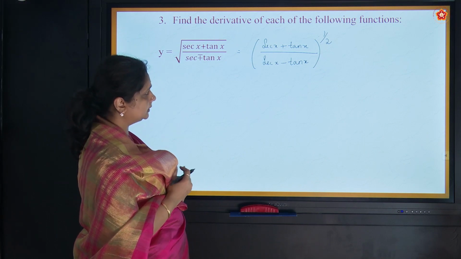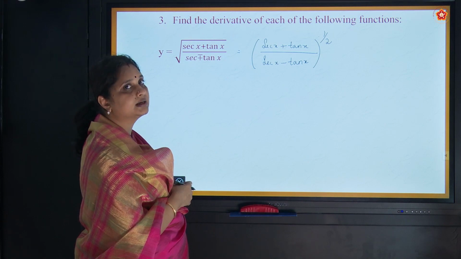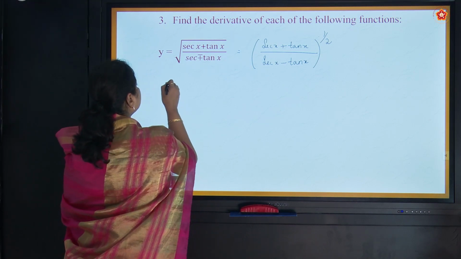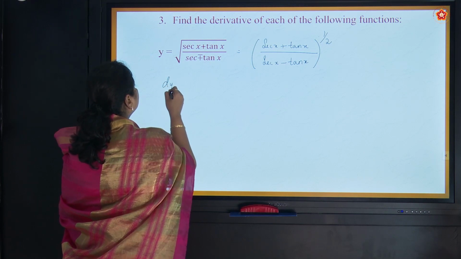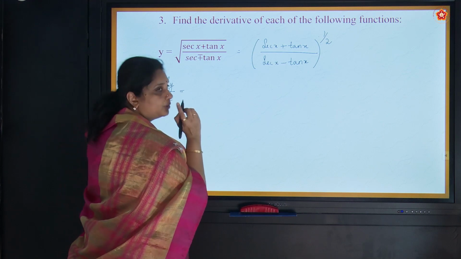Looking at it, you're able to find that it is a power function, the outermost function, right? So let me give you two methods for the same question.